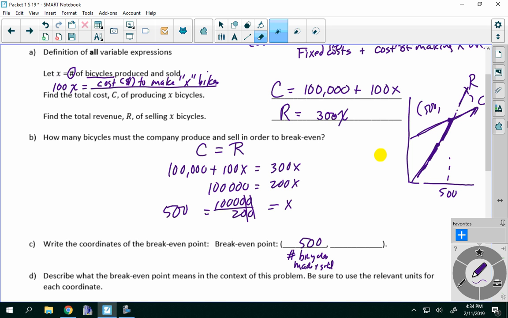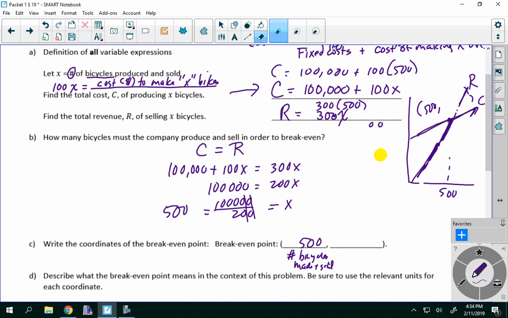To find that value of y, I can go back and substitute 500 into this equation: 100,000 plus 100 times 500. Or I could put that 500 into my revenue equation.